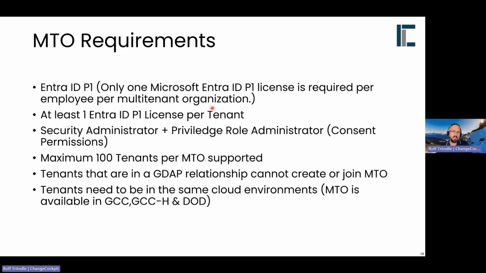That's to unlock the features. As soon as you have one Entra ID P1 license in the tenant, then the tenant will be stepped up from the feature side to P1 features, and that's needed for cross-tenant synchronization and multi-tenant organization. Then you need at least security administrator or privileged role administrator to consent for the permissions.